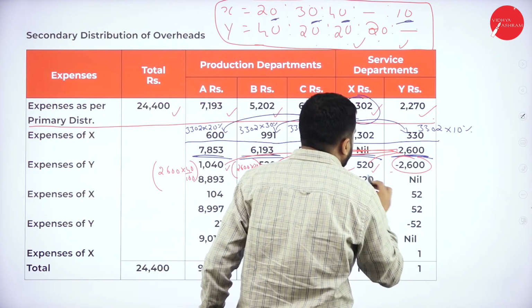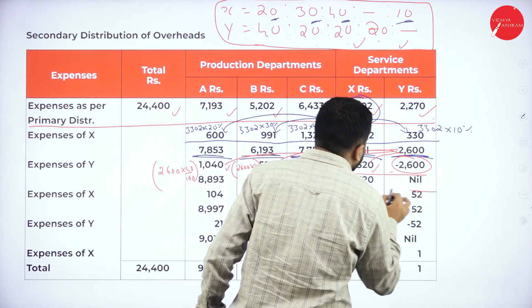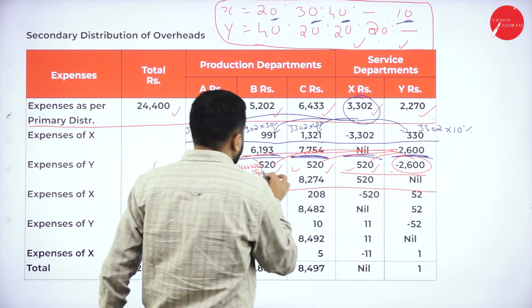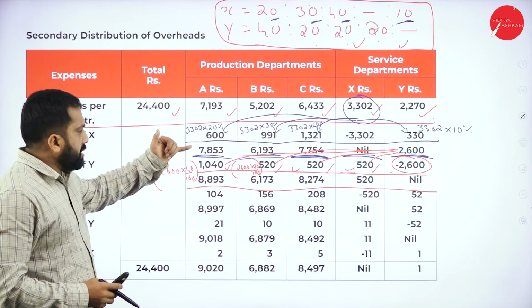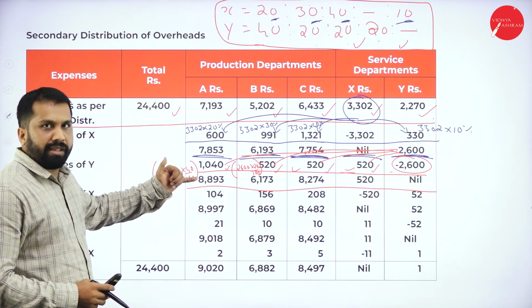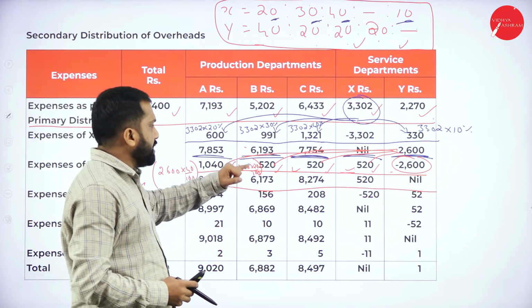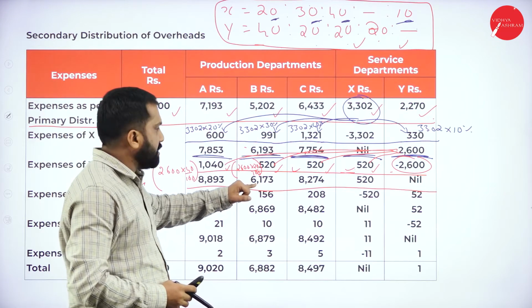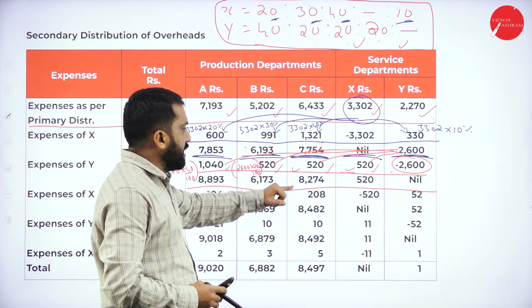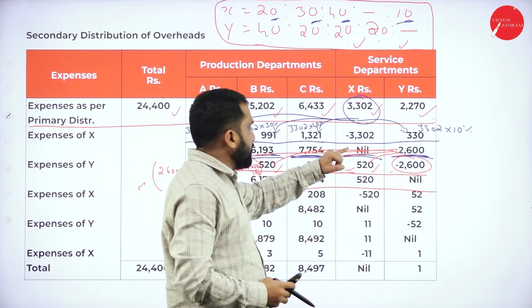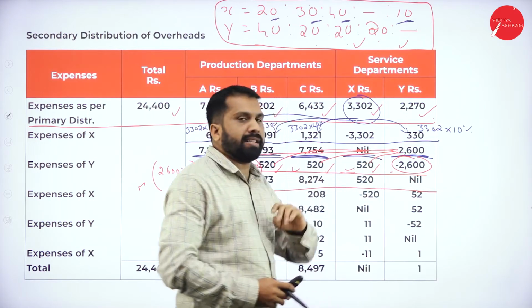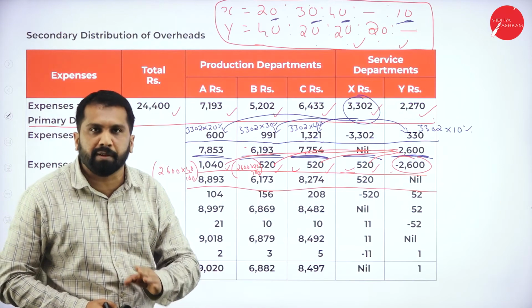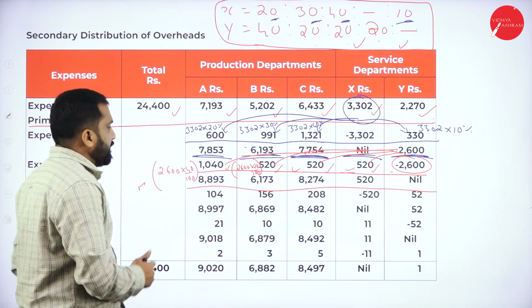If you calculate, your answer will be, see, 7853 plus 1040, 8893. This plus this, 6173. This plus this, 8274. This plus this, 520. This minus this, the answer is nil. Hope you are clear. Good. Now, the next will be what?